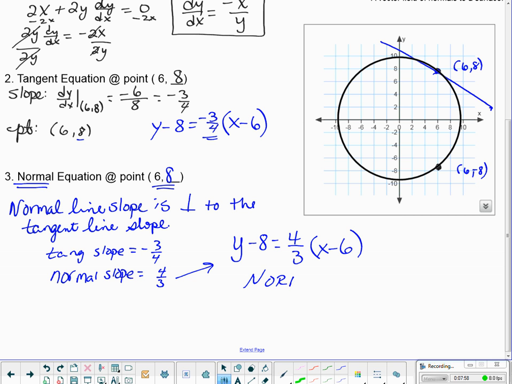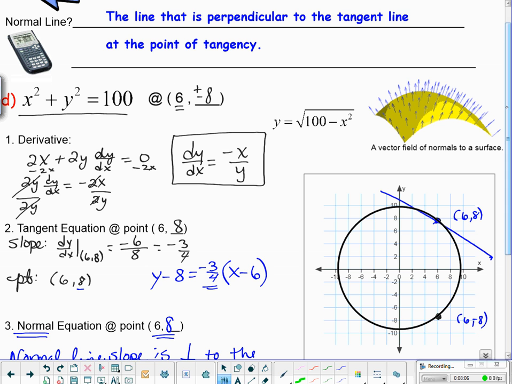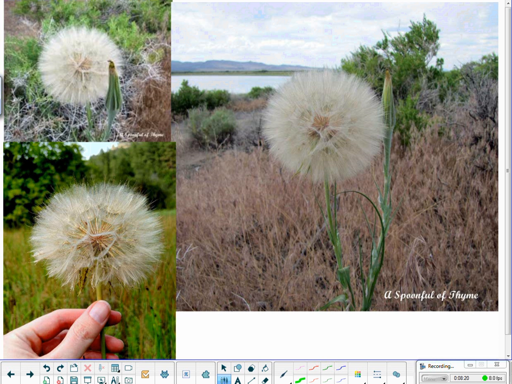Normal line. Cool. Love it. We had a picture up here. This looks like it's maybe a sphere. The surface is a sphere. And these would be a bunch of normal lines. They're drawn perpendicular to the tangent line of that spherical surface.